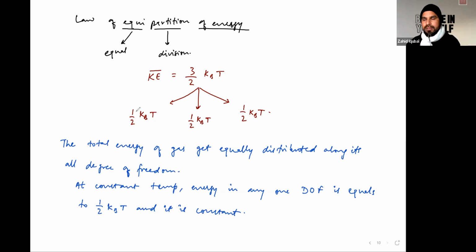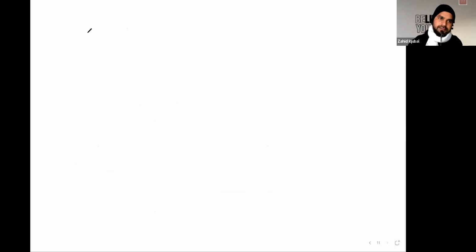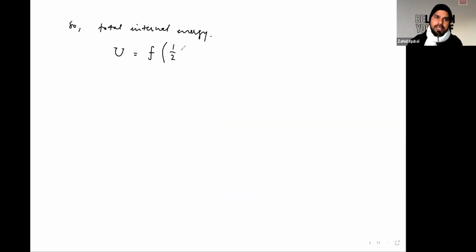So if you have to calculate the total energy contained in a gas having F degrees of freedom, the total internal energy will equal F degrees of freedom times, along each degree of freedom, half kBT energy. But this is only for one particle.